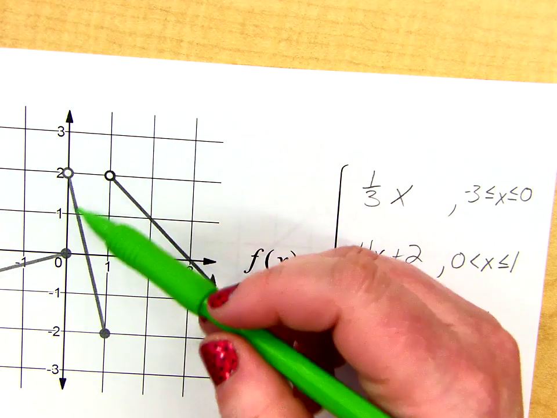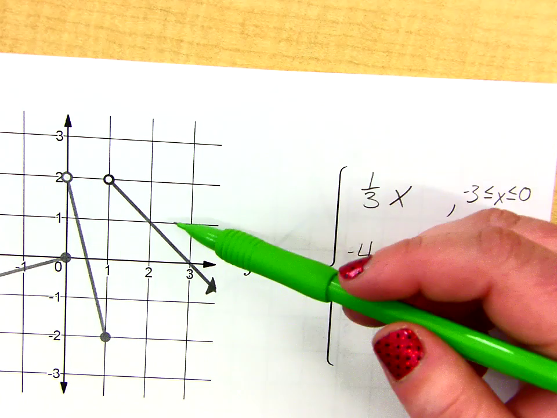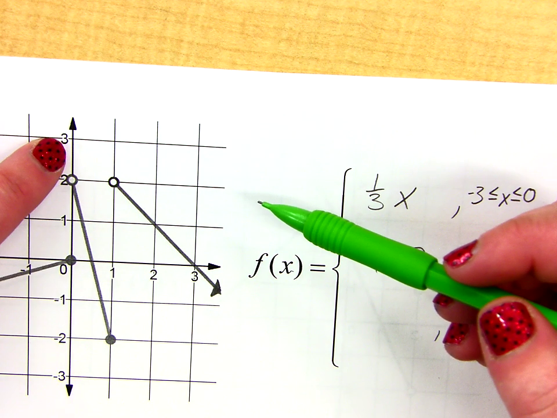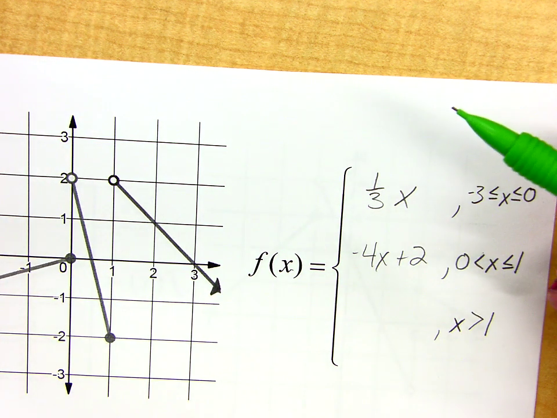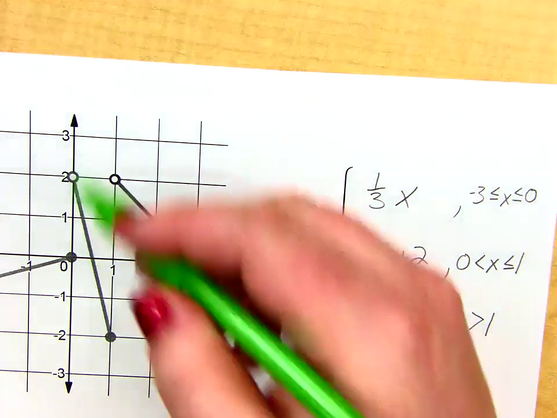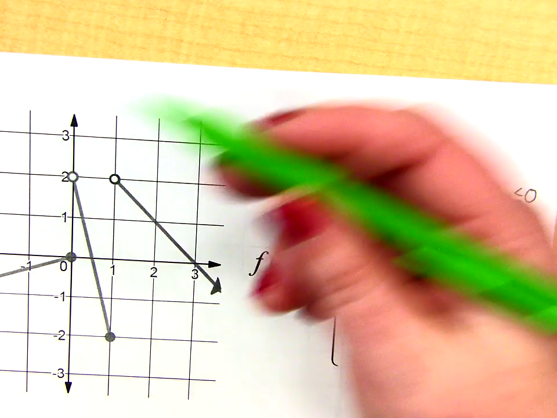Starting at 2, and I have a slope of -4. Perfect. Now, the last one. Although it doesn't actually touch my y-axis, I know where it would touch, right? Because the slope is just -1, so -x. I can just go up 1 and back 1 and know that I would hit at 3.